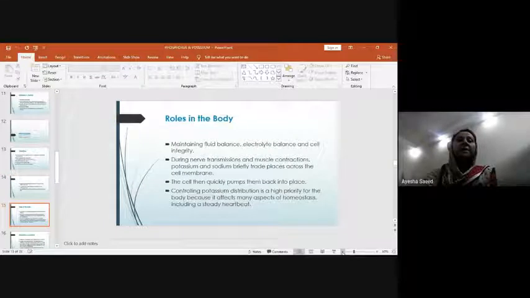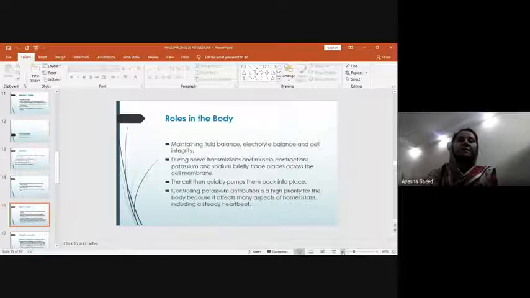Maintaining fluid balance. Potassium maintains the fluid balance with sodium, electrolyte balance, that is a balance of the electrically charged ions in the blood, and cell integrity. During nerve transmissions and muscle contractions, potassium and sodium briefly trade places across the cell membrane.